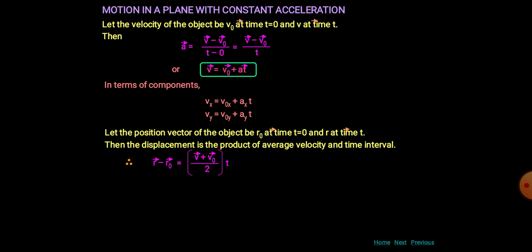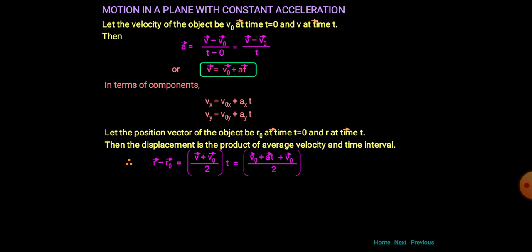So r minus r0 is the displacement, where r is the final position and r0 is the initial position. So r minus r0 is equal to the product of average velocity and time. Average velocity is v plus v0 divided by 2, initial velocity plus final velocity divided by 2, and the time interval is t.